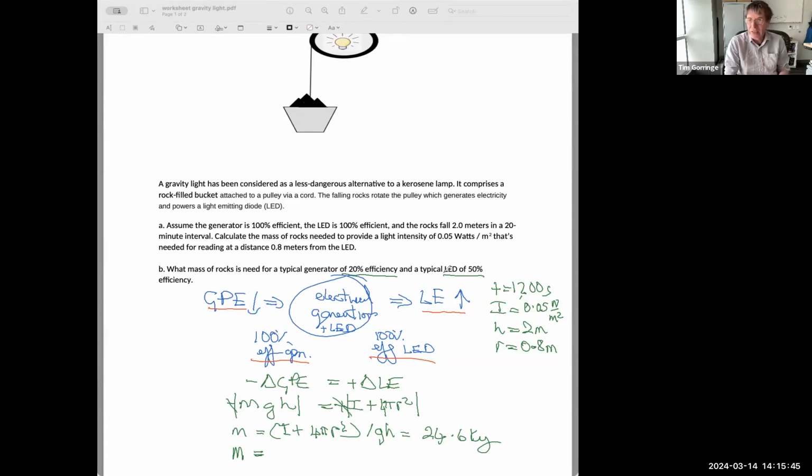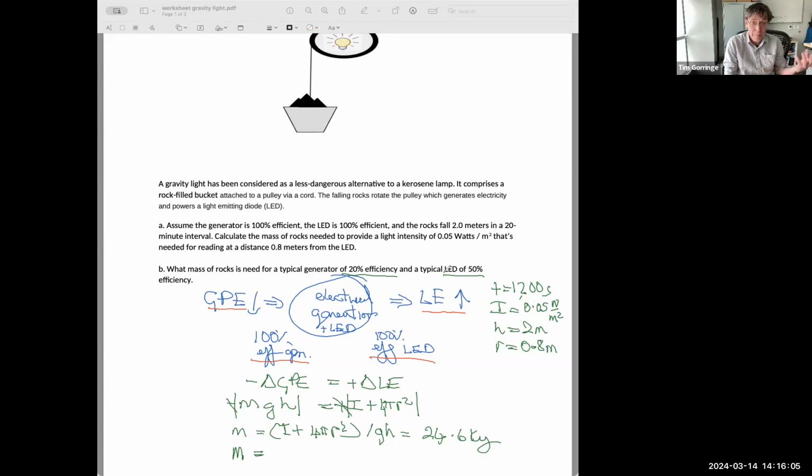We're obviously going to need a greater mass. If the problem was just the LED and it was 50% efficient, then we would need twice as much mass.